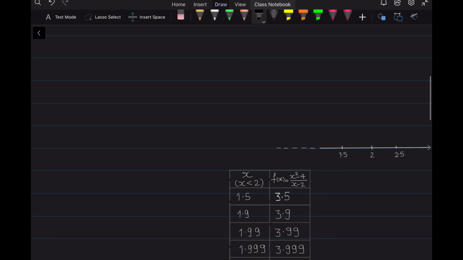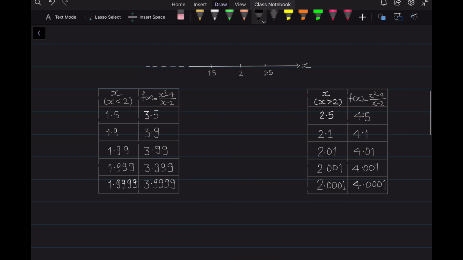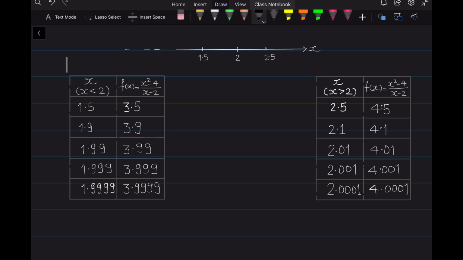You can see here two tables, where in the first table I have taken the values of x when x is smaller than 2. That is, I have taken the values of x as x approaches 2 from the left side. So for example, starting from x is equal to 1.5, which is right here.